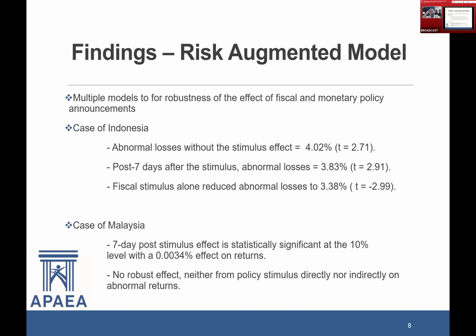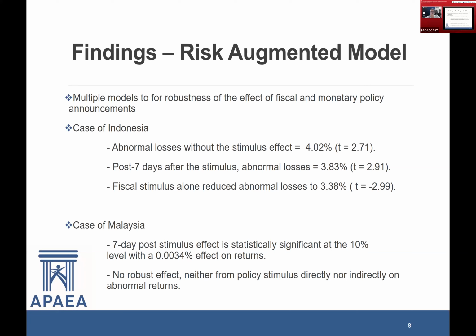Post 7 days after the stimuluses, the abnormal returns came down to around 3.83%. And this is for aggregate monetary or fiscal, not differentiating between them. In the case of fiscal stimuluses alone, the abnormal returns came down to 3.38%.